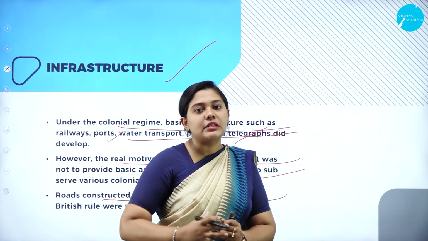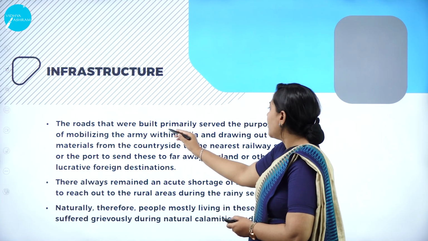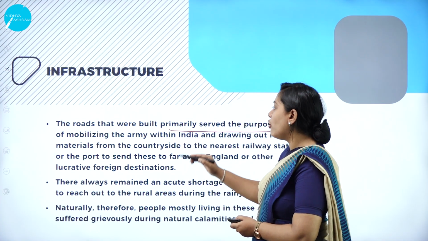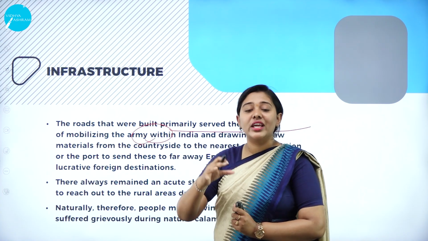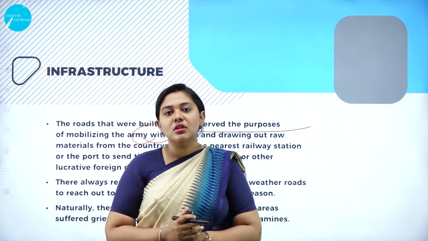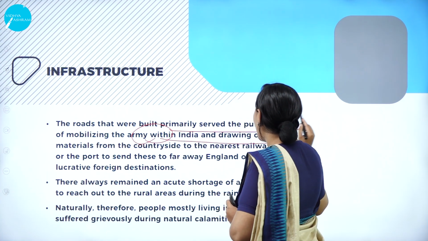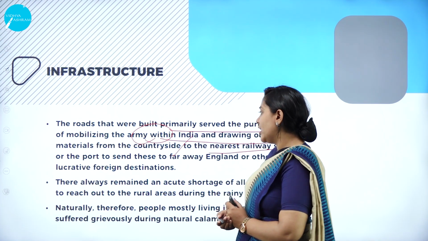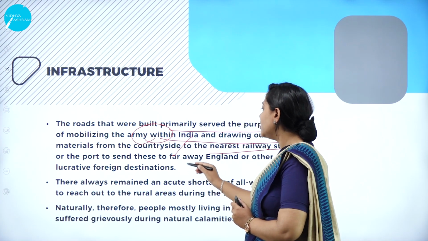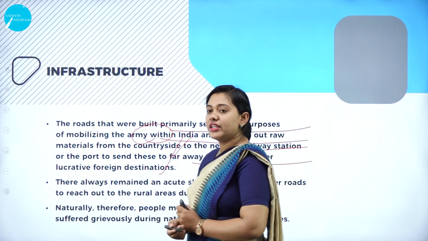The roads that were built primarily served the purpose of mobilizing the army. They constructed roads within India for drawing out raw materials from the countryside to the nearest railway station or the ports to send them far away to England or other foreign destinations.